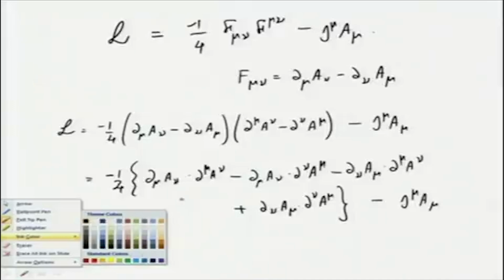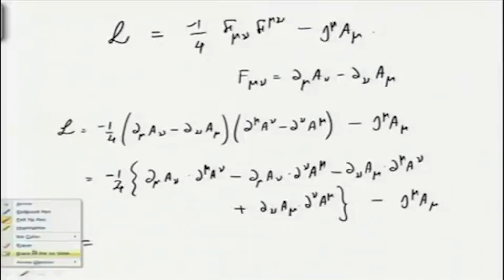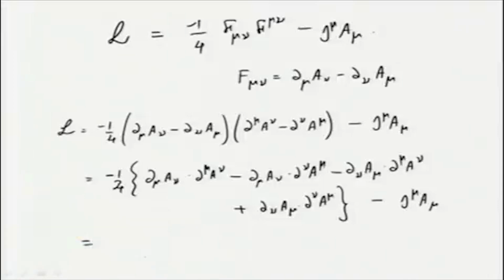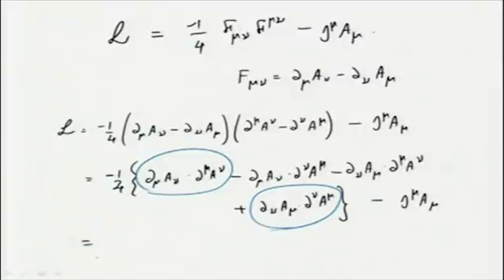Essentially, the terms that I circle with a blue line are the same and add up. Similarly, the other two which are left, which I circled with red, are also the same.